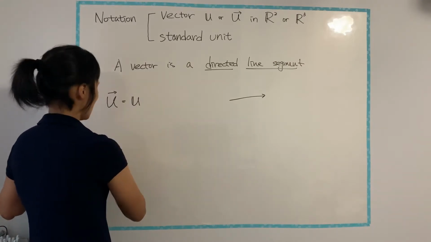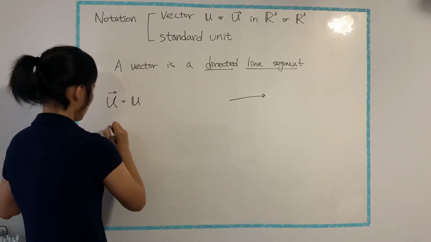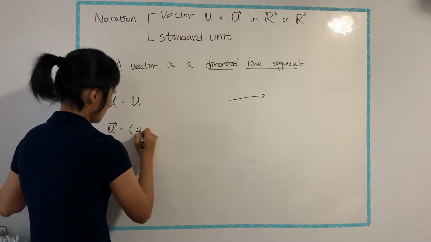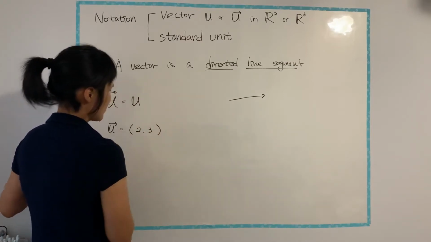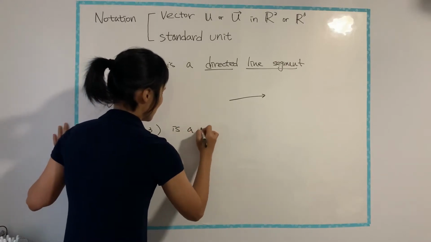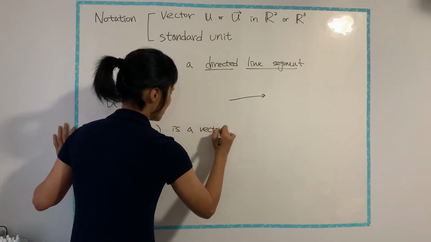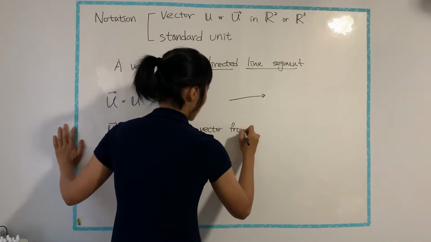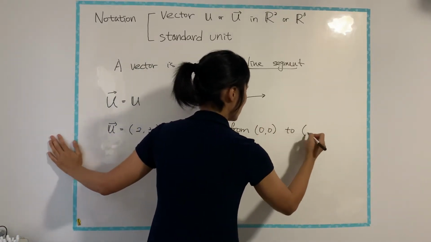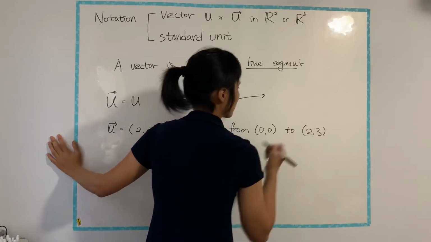Then I can say, okay, suppose I have a vector u equals (2, 3). Then what does this mean? This is then a vector from the origin to the point.